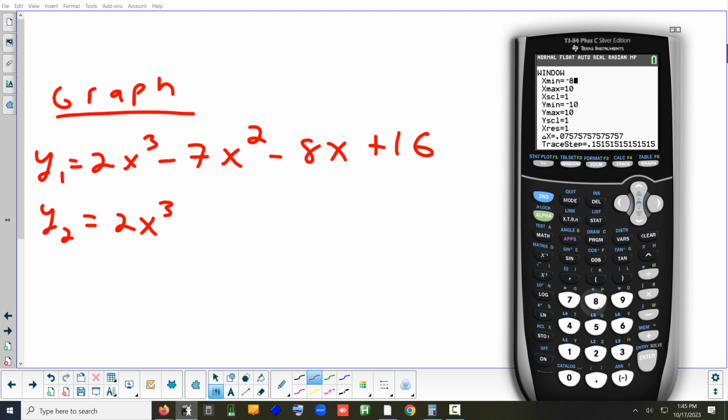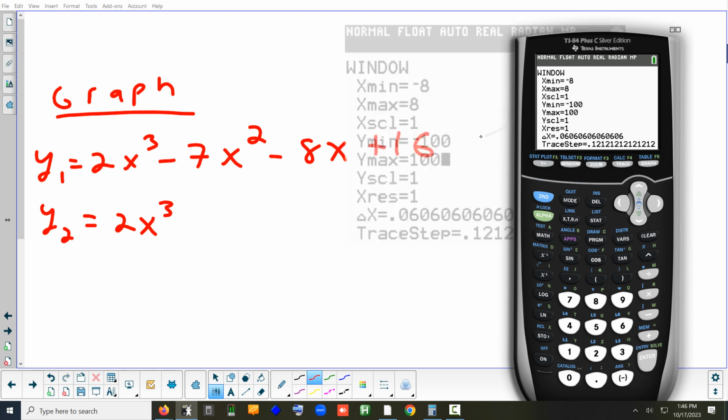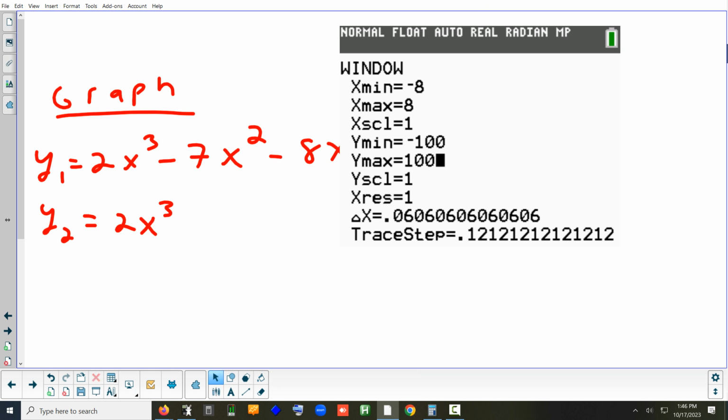And let's go from -40 to 40. Actually, let's start with -100 to 100. Okay, so there's your window.